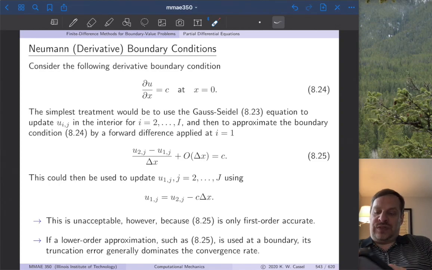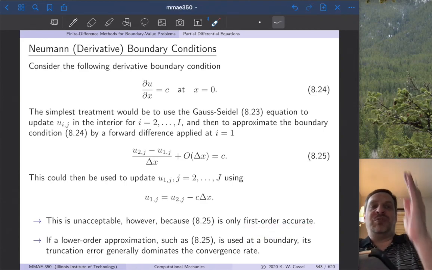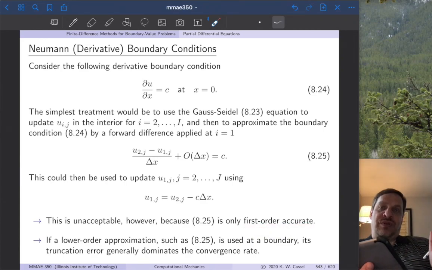The problem with this, and the reason why this is not acceptable, is because it's only first order accurate. You say, well, it's just the points along the boundary, everything else is second order accurate. That's true, but remember that the order of accuracy not only affects the error of the values themselves, it also influences and determines the rate of convergence of the iterative process.